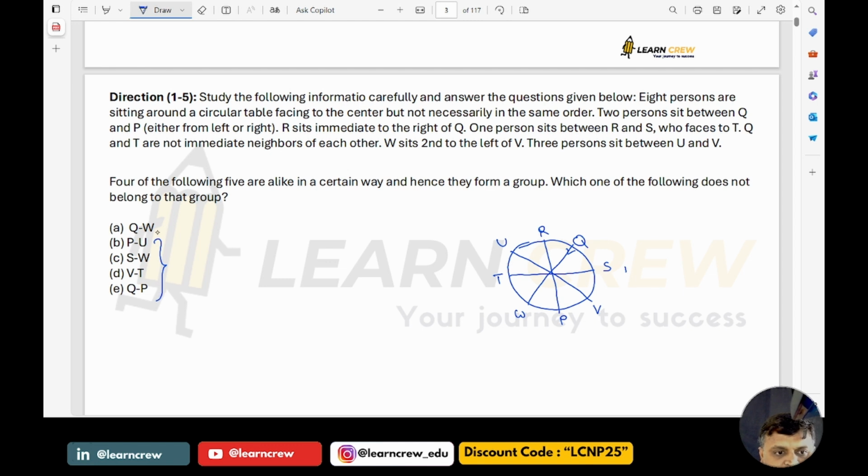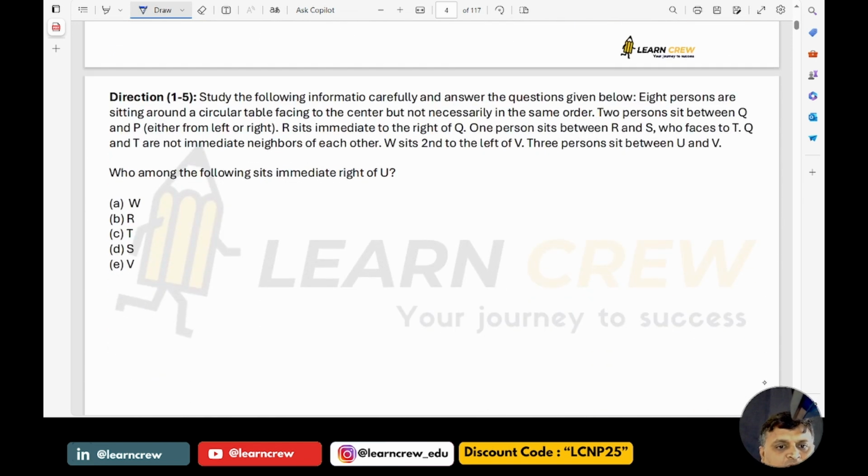Which is different? A is different. Yes or no? Because if you see QW, if you see PU, P is the third right to U. Similarly, all are following the same logic, whereas Q and W is not following that.